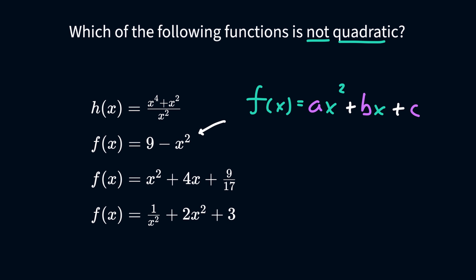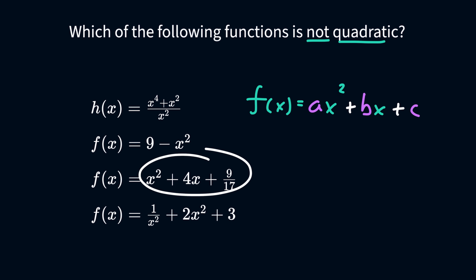Taking a look at our next choice, 9 minus x squared, this is totally fine. This is definitely a quadratic function. We have an x squared term here. We don't need an x term at all. As long as we have at least an x squared term, and no more than x squared, it can't be x cubed, that would be a cubic, that indeed is a quadratic function. So we can move on to the next answer choice.